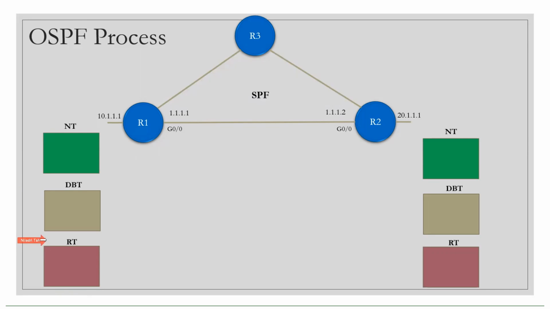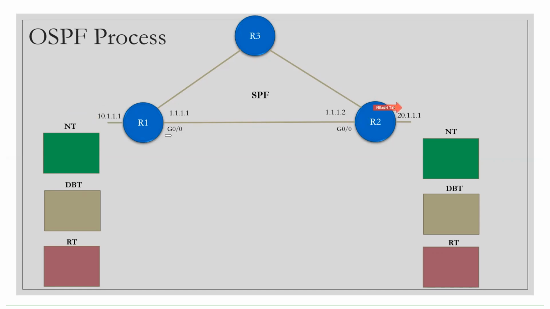First thing first, we have got, let's say, R1, R2, and R3, three routers which are connected through links. The R1 and the R2 are having the loopbacks. This is like 10.1. This is like 20.1.